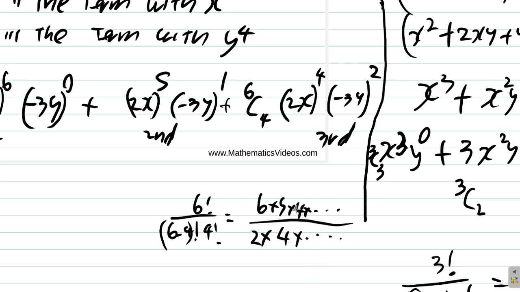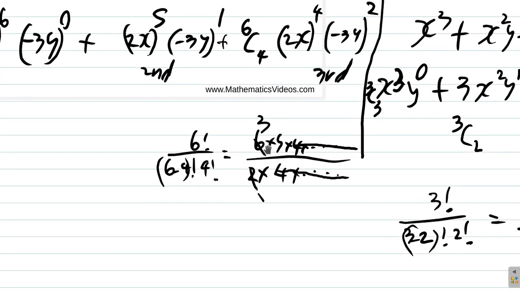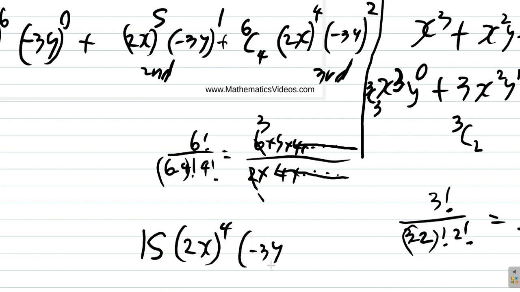So this 4 times 3 by 2 by 1 cancels this 4 by 3 by 2 by 1. Alright? 2 into 2, 1, 2 into 6, 3. So it's 3 by 5. So the third term, in this case, would be 15 2x to the 4th negative 3y to the 2.